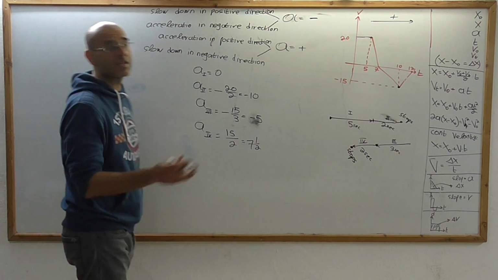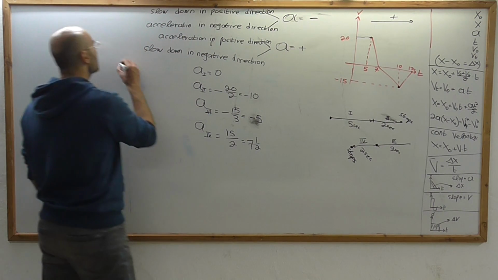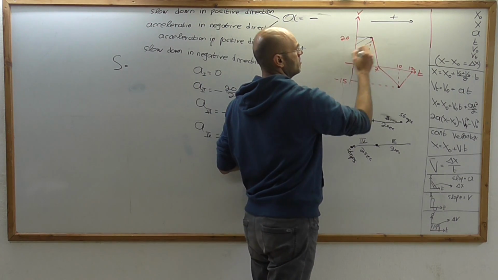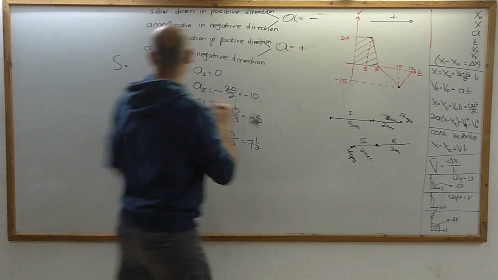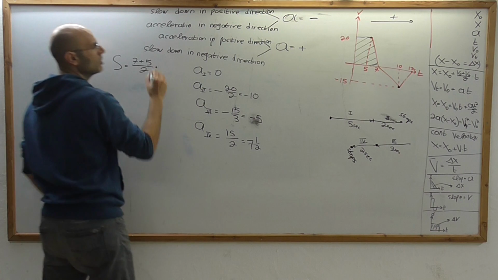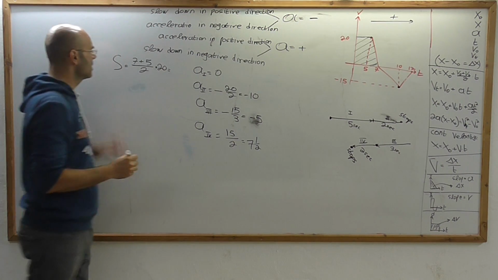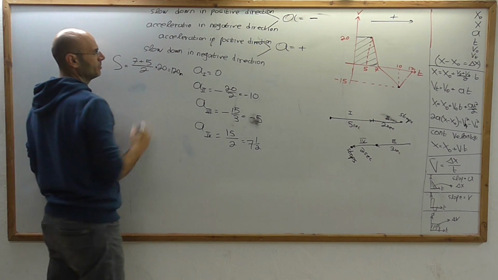Now I want the displacement, the position, I want everything. So if I take the positive area, it's a trapezoid, this one. Sum of bases is 7 plus 5, divided by 2, multiplied by the height, which is 20. So it will be 12 times 10, it's 120 meters.